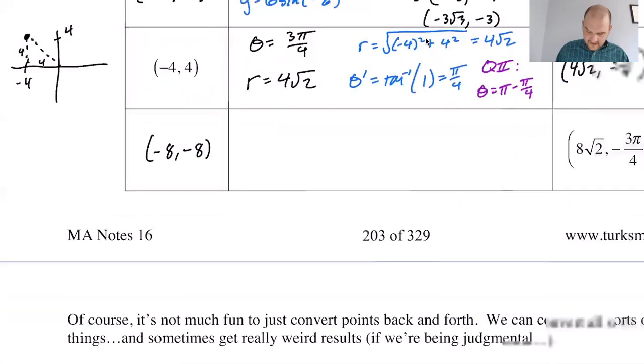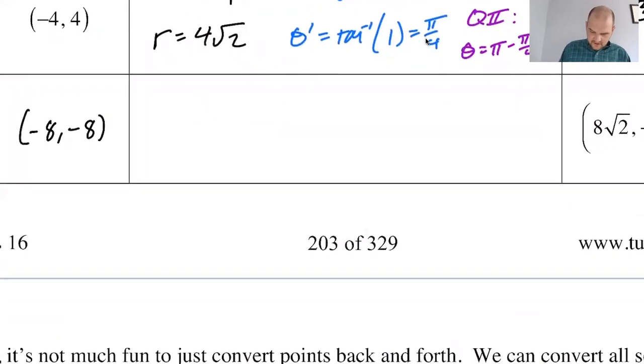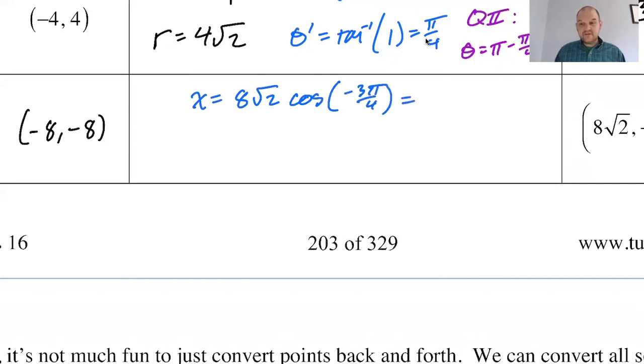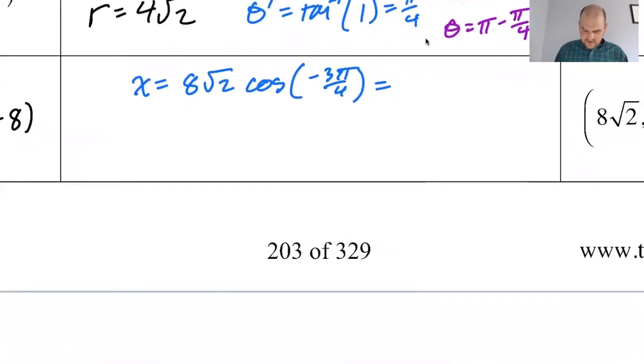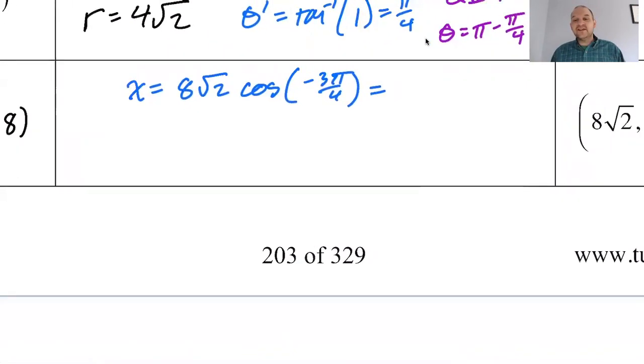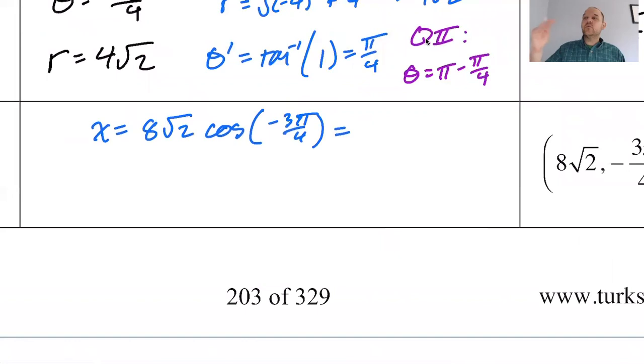If you don't like that, you could do x is 8 root 2 cosine of negative 3 pi over 4. Remember, cosine is an even function, so the cosine of negative 3 pi over 4 is the same as the cosine of 3 pi over 4, which is negative root 2 over 2. Sometimes it is convenient to think of it as negative 1 over root 2.